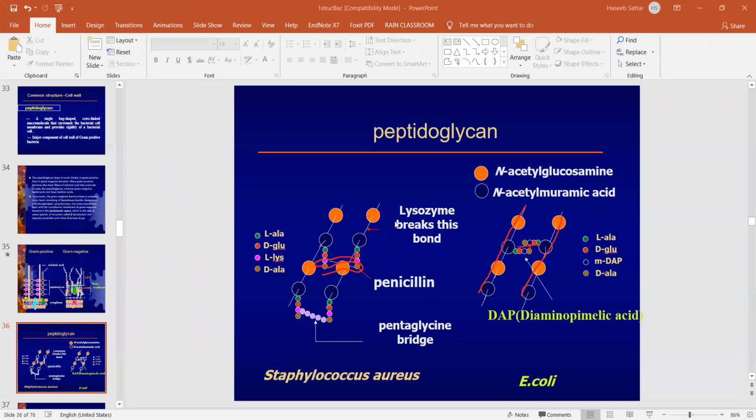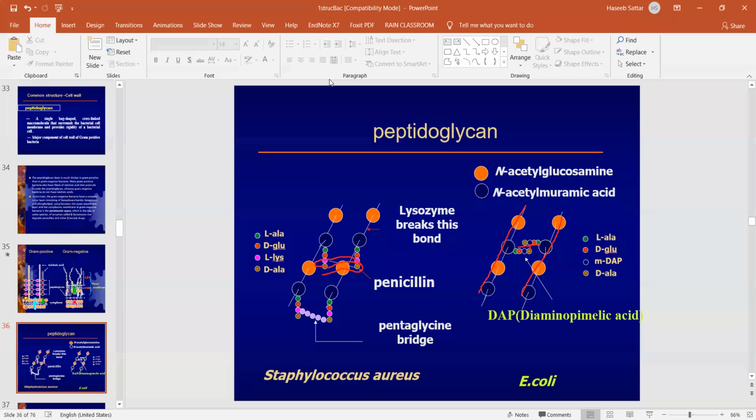So the lysozyme is an enzyme which is present in human tears, the mucous membrane, and the saliva. This lysozyme has the ability to break down the N-acetyl glucosamine and N-acetyl muramic acid bond. So this is the enzyme which breaks down this sugar backbone of peptidoglycan.